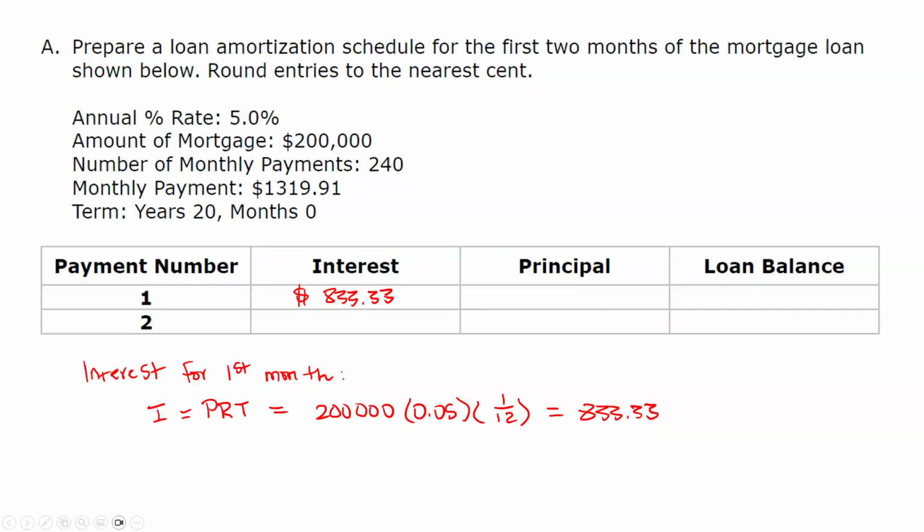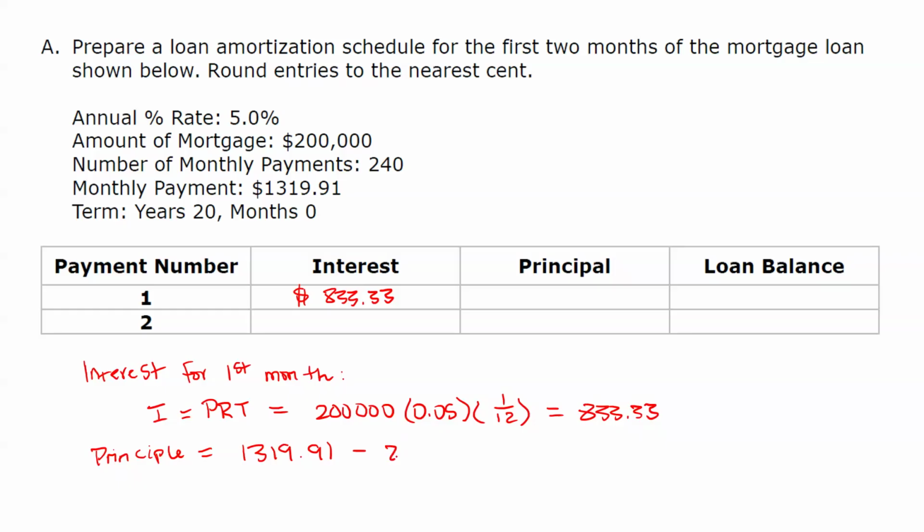Now we want to find the principal. Our principal is going to be our monthly payment of $1,319.91 minus the interest that we would be paying for that month, because your loan payment that you make every month is part principal and part interest.